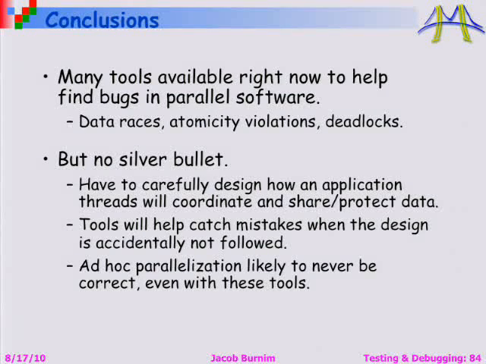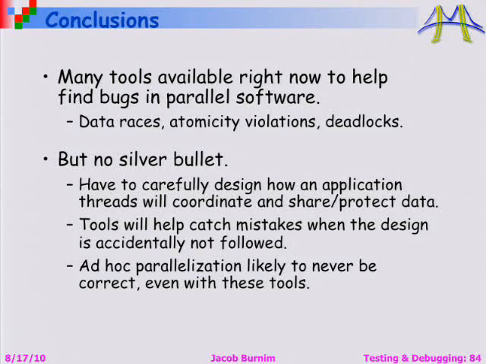But the other point is, of course, this is no silver bullet. I think one theme you'll see in the next talk is that you still have to very carefully design your parallel application. And as you're writing it, you really have to know what data is shared and how it is shared. How are you protecting or partitioning your data? These tools are really great for finding mistakes when you had a careful discipline but didn't always follow it, because that can be hard to be very careful about. In that case, they work really well.